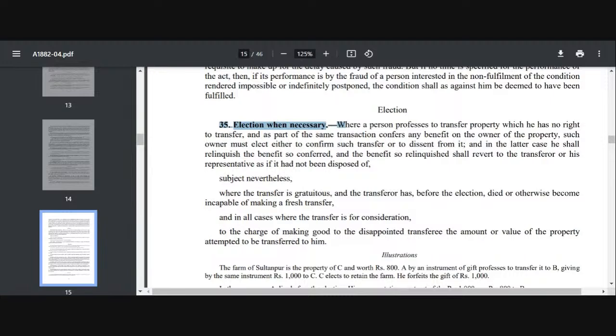You cannot approbate and you cannot reprobate at the same time. Meaning, you cannot take the benefit and also keep the other thing. So you have to choose.